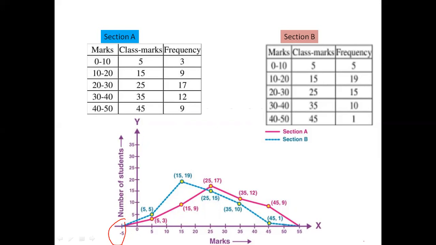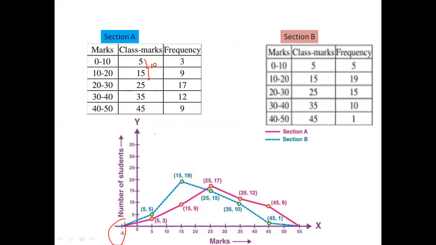Okay, because here if we see there is a difference of 10. That's why I've taken here -5 and 55 and not 50, children.